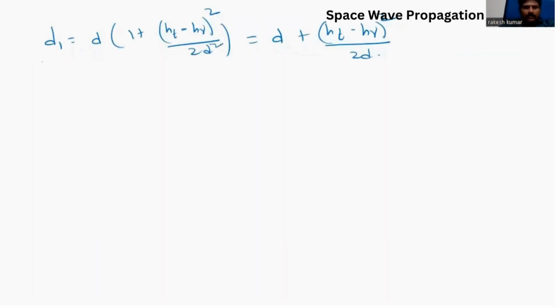So D plus (HT minus HR) whole square by 2D. The D square and D will get cancelled, we will have 2D. So this is the expression for D1.